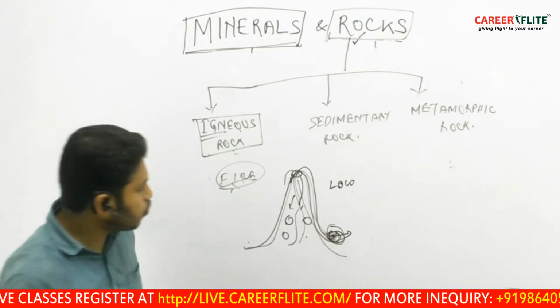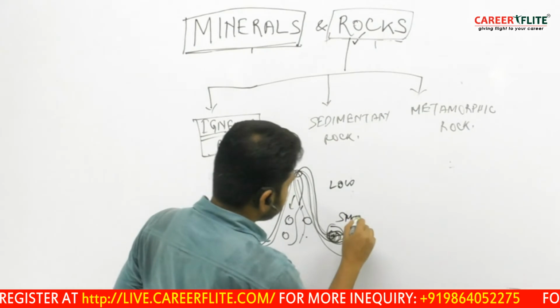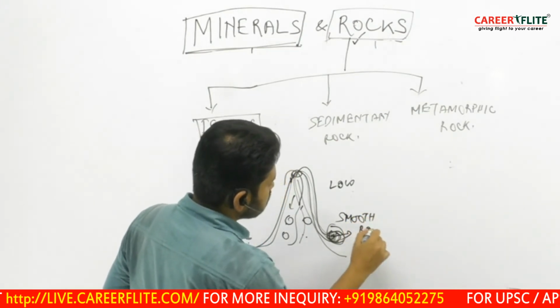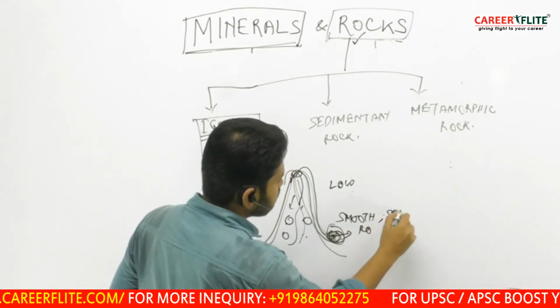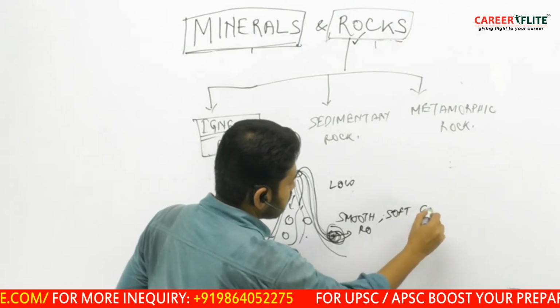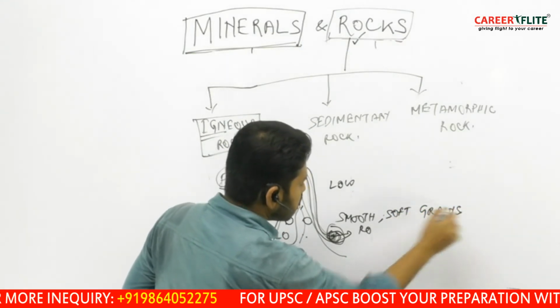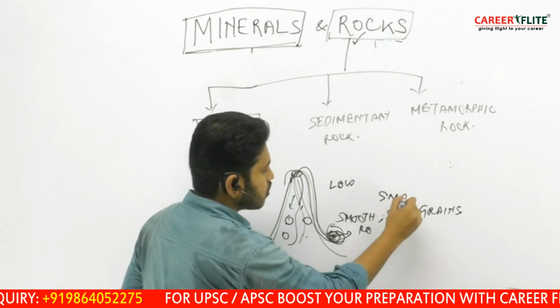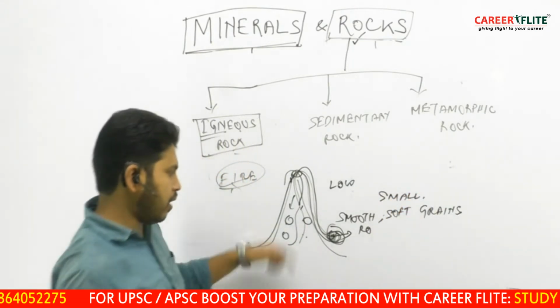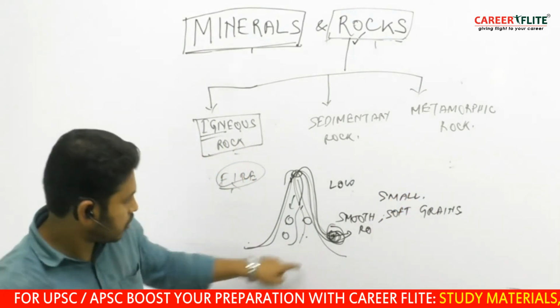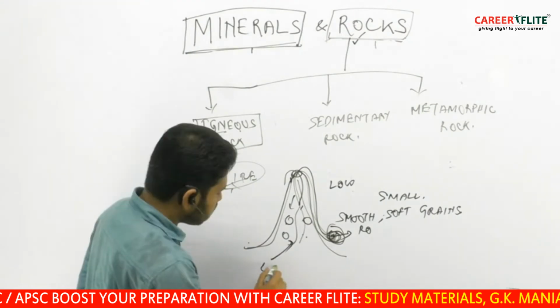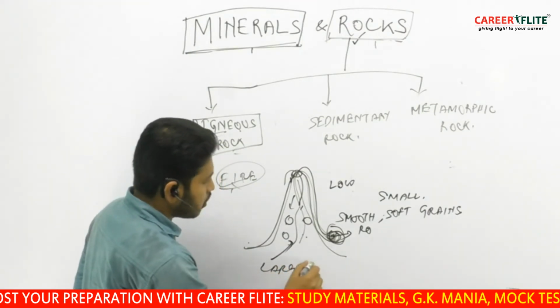So the lava that solidifies very fast forms smooth, soft, small grains. And the lava that gets solidified within the crust forms large, rough grains.